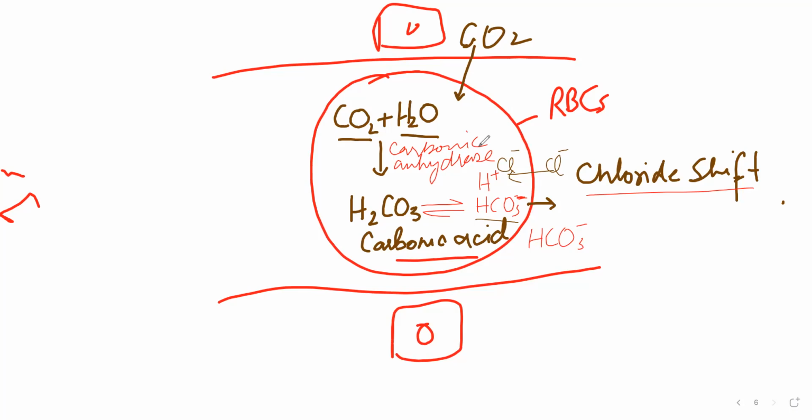When these carbonates come out, they dissolve in the plasma and move in the blood plasma as they are. But what about these hydrogen ions? These hydrogen ions are actually creating the problem.